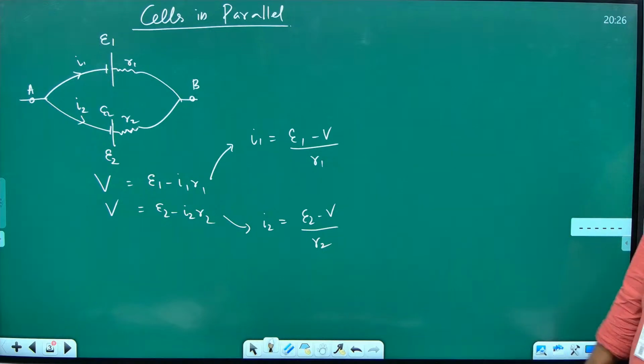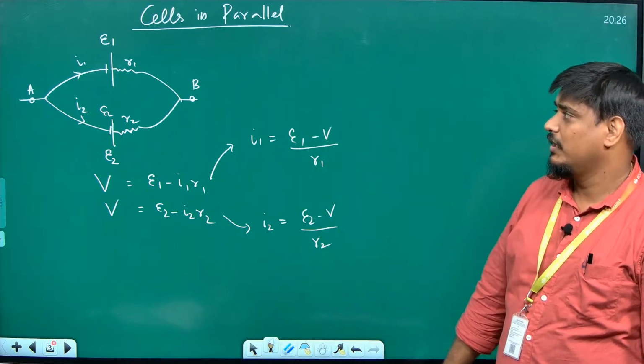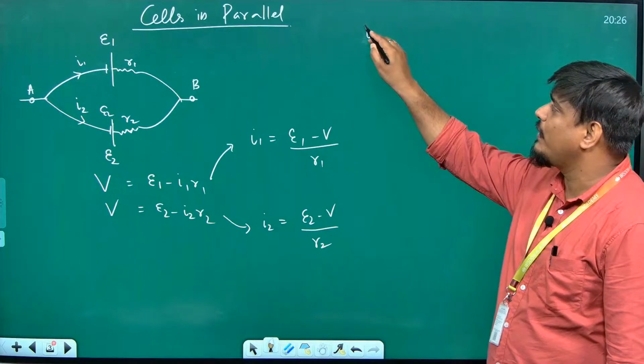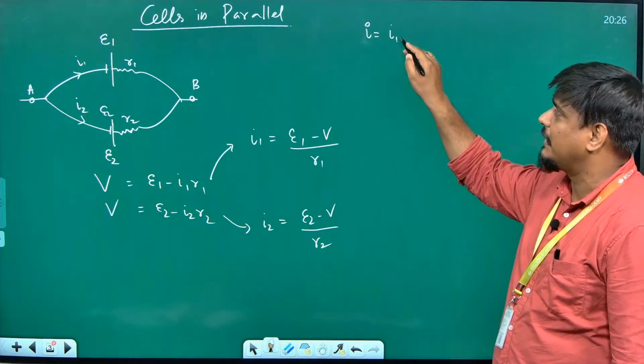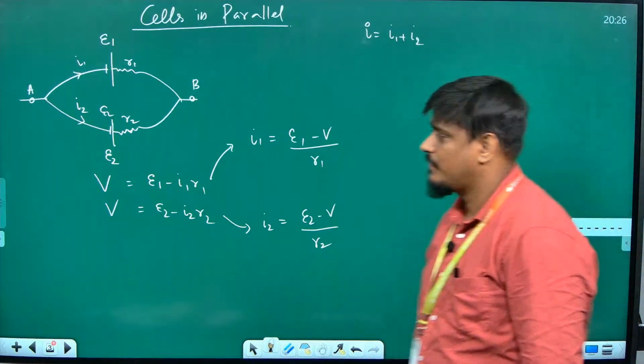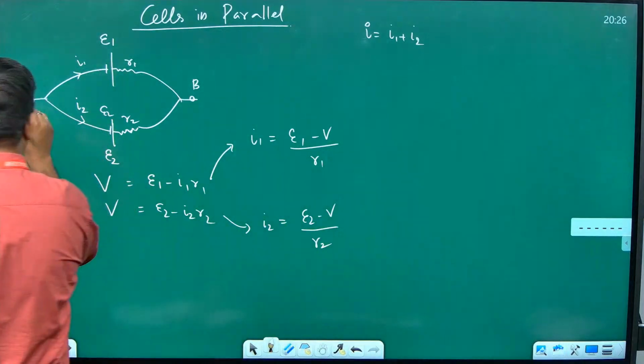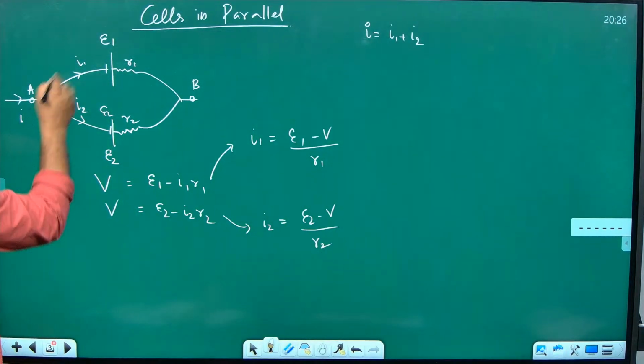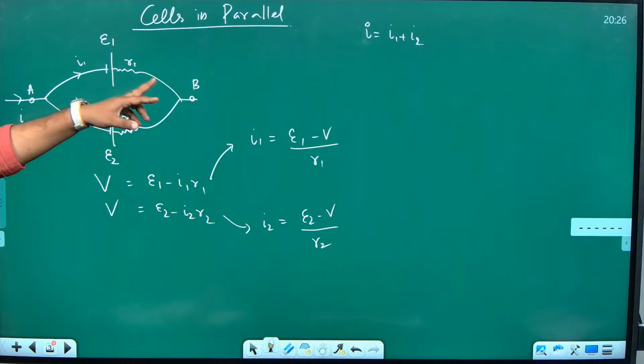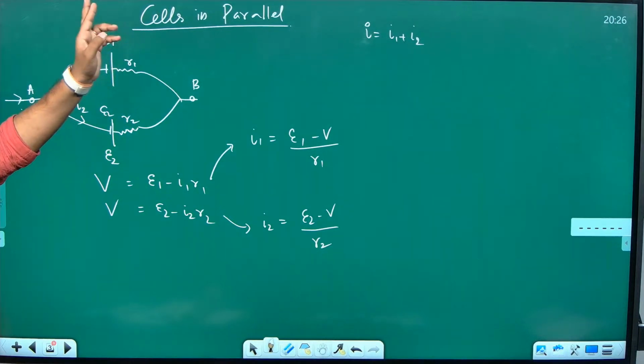Okay, coming back. So I1 we got, I2 we got. So we understand that the current going inside, I, is equal to I1 plus I2, isn't it? Whatever current was going, that current only has become I1, I2. Net current is equal to I1 plus I2.